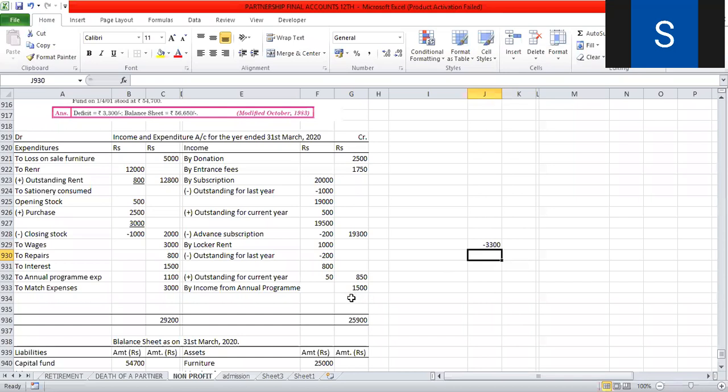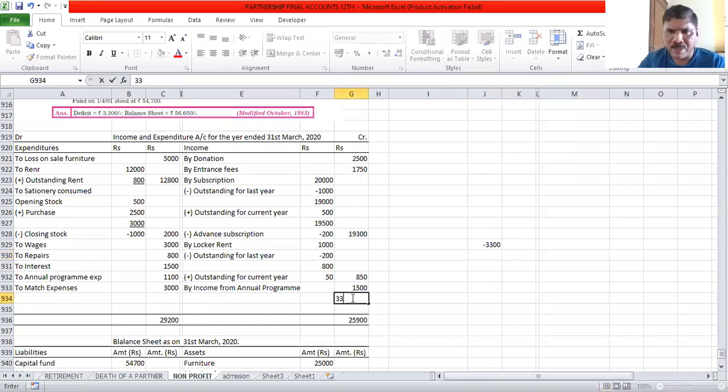Deficit, because expenditure is more, 3,300 deficit. Is it a balancing figure? Yes, it is a balancing figure.